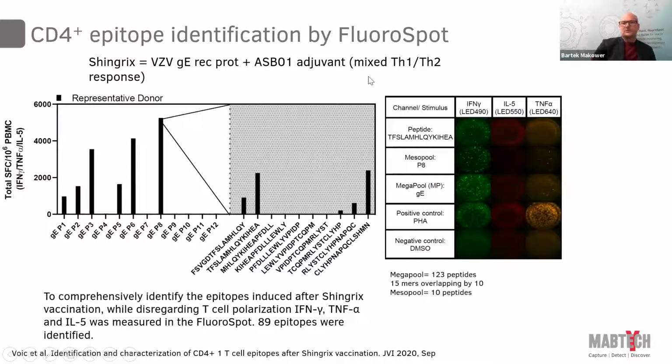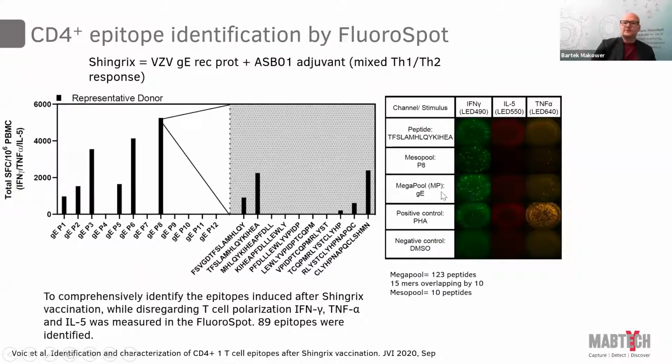So in order to measure the full response, so all the responding T cells, they used the sum of interferon gamma, TNF, IL-5, so a triple fluorospot, to map these responses. And as we went through in theory, you start with what they call a mega pool with 123 overlapping peptides over this protein and test vaccinees. And so you have a positive response with the mega pool.